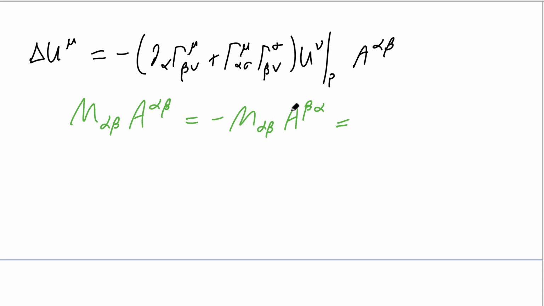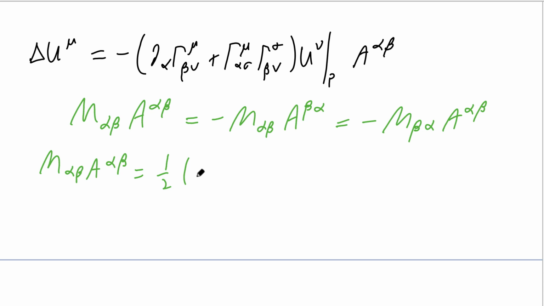In particular, we can let alpha be beta and let beta be alpha. So this is equal to minus m beta alpha A alpha beta. So now looking at this equality, we see that m alpha beta A alpha beta is the same as 1/2 times m alpha beta minus m beta alpha, times A alpha beta.